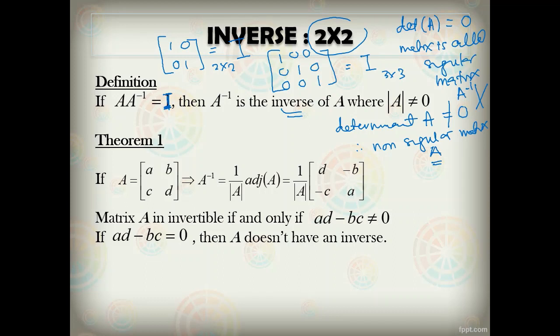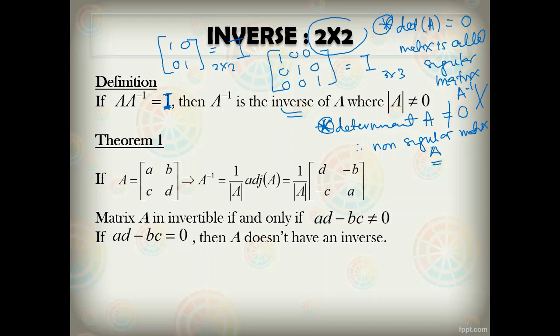Please take note of the important things that I mentioned here about singular and non-singular. You must understand this. Let us look at the inverse for a 2 by 2 matrix.